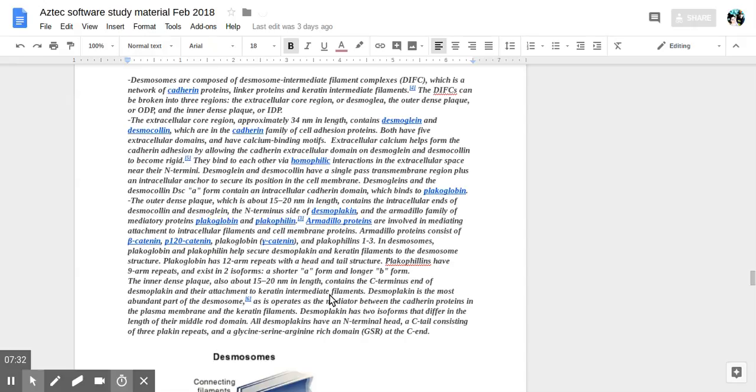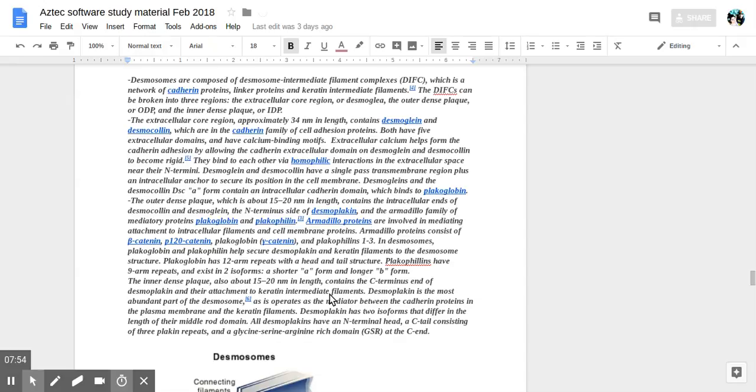The outer dense plaque, about 15 to 20 nanometers, contains the intracellular ends of desmocollin, desmoglein, and the terminus site of desmoplakin. Armadillo family mediatory proteins, plakoglobin and plakophilin, are involved in mediating attachment to intracellular filaments and cell membrane proteins.